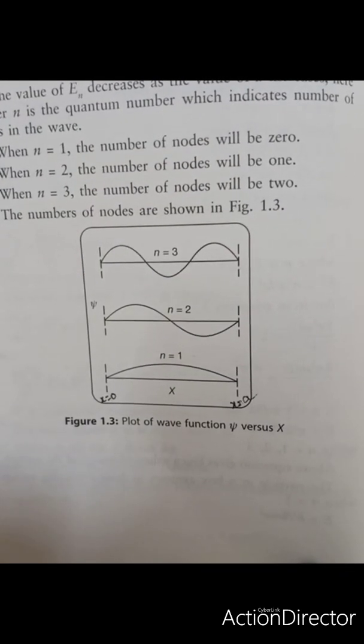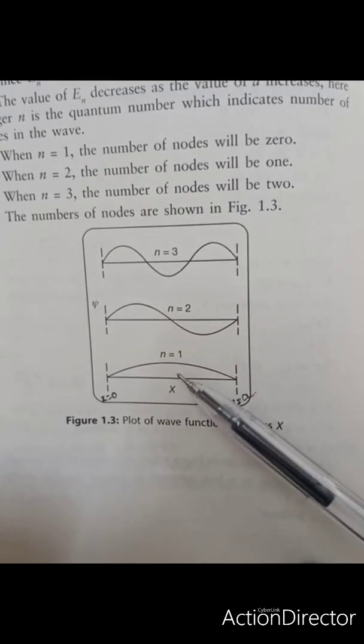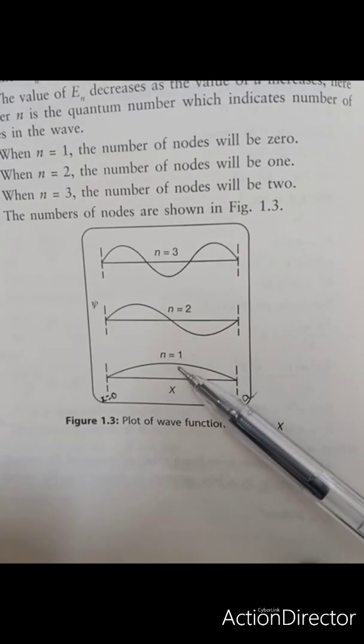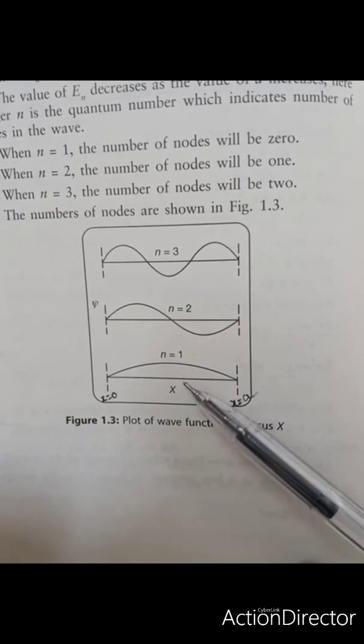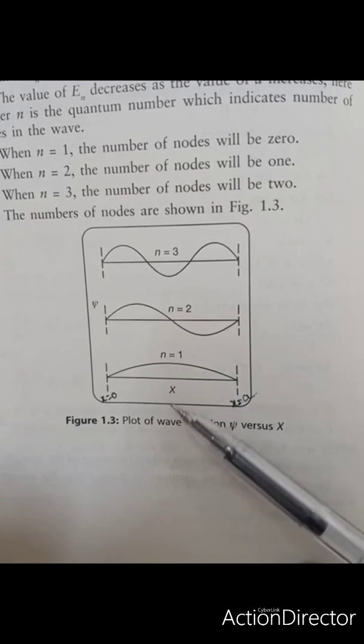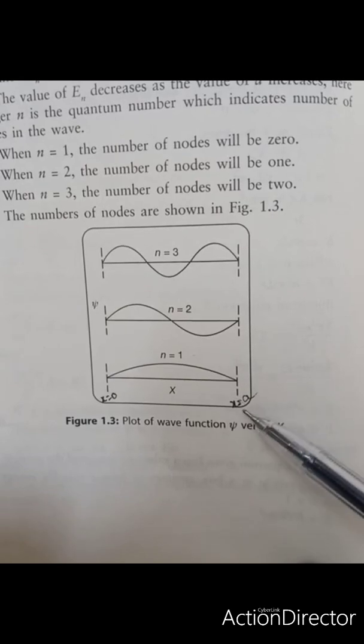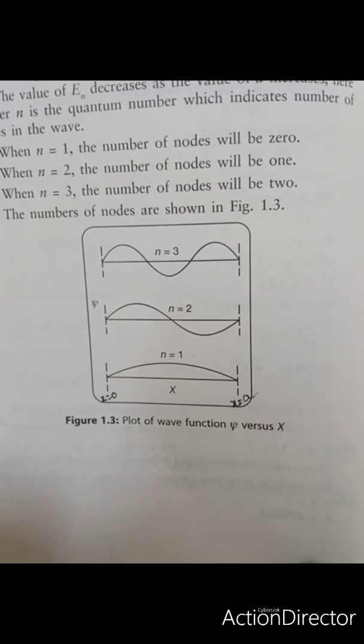So if we see the graph of wave function against x, we can see here when n is equal to 1, the number of nodes in this case will be 0. So we will get a maximum here at half, that is a by 2, if this is x is equal to 0 and this is x is equal to a.